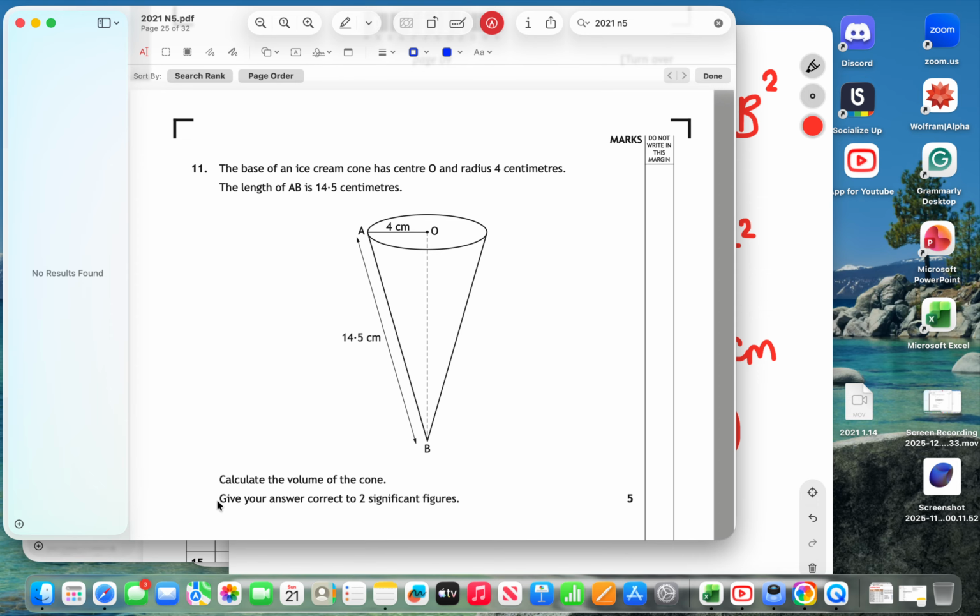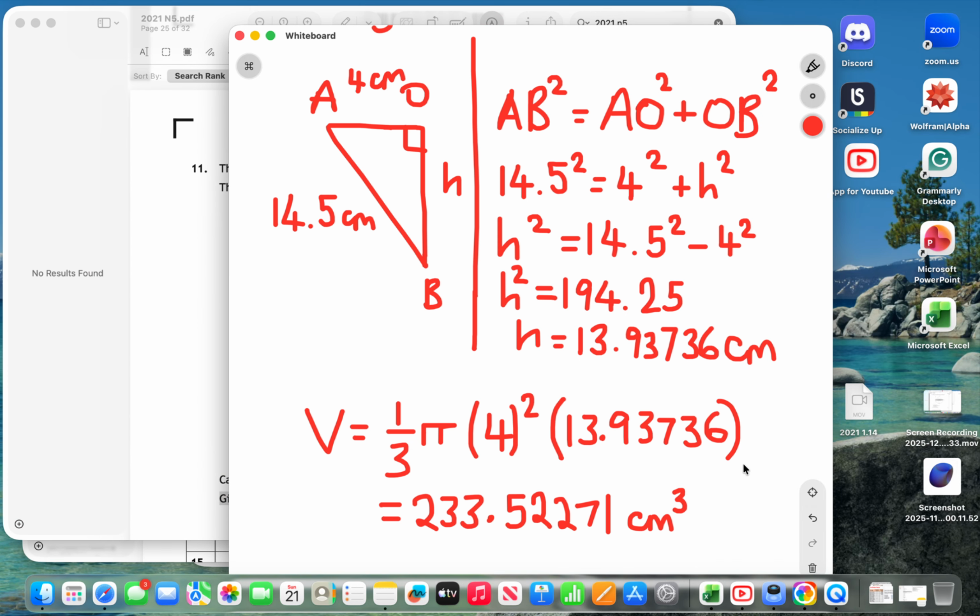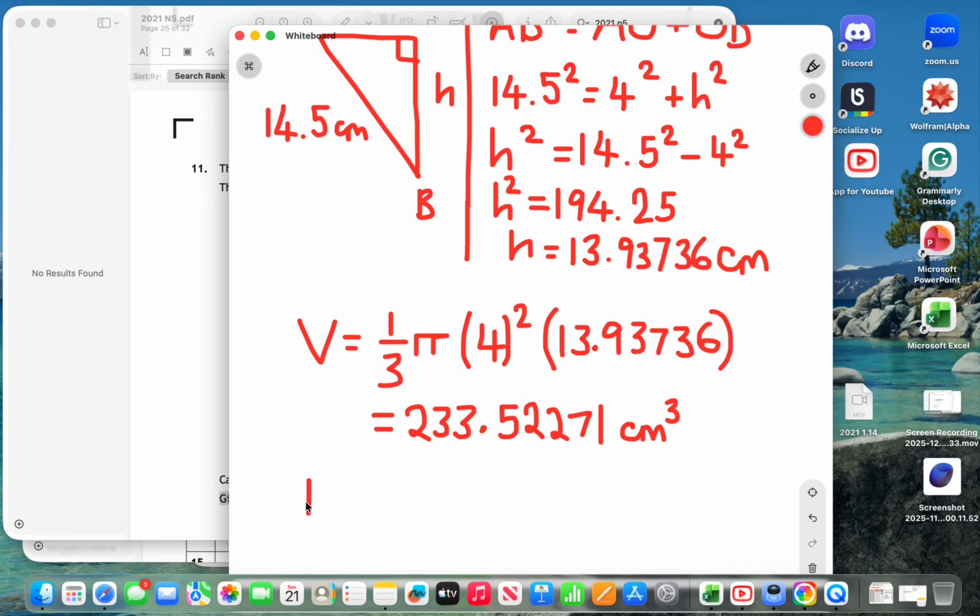Almost finished. The question asks us to give it to two significant figures. So we then say to 2SF the volume equals, well, you have a look, 200 would be one significant figure, but if you wrote 230, that would be two significant figures.